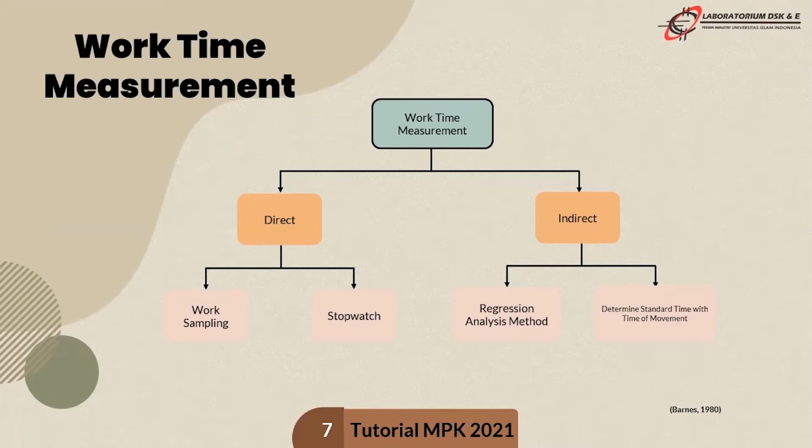Indirect measurement is a measurement made by looking for other variables first, then calculating mathematically to get the measurement result. Examples of indirect measurement are the regression analysis method, and determining standard time with time of movement, which are the MTM and MOST methods.